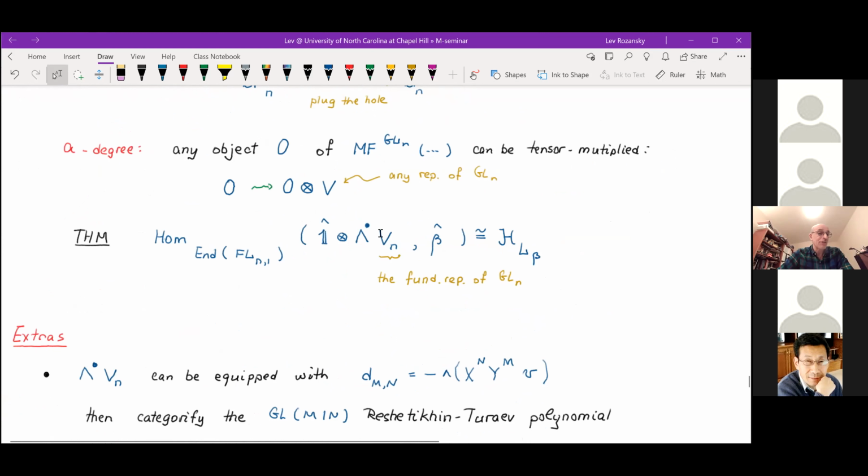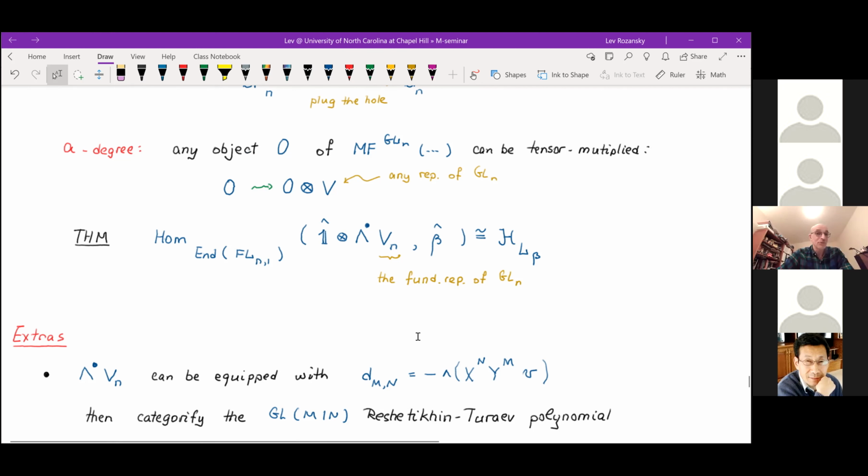The differential that you add to the sum of exterior powers of the fundamental has a very simple form. You take the stability vector, you multiply it by powers of matrices X and Y, and wedge with the vectors of the sum of exterior powers.